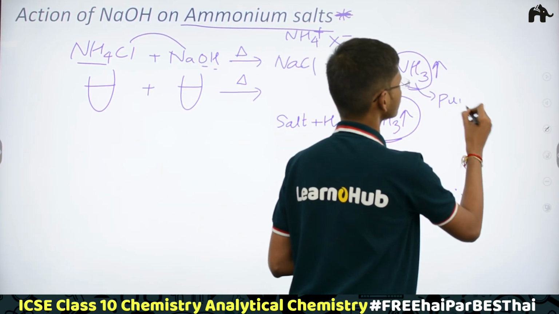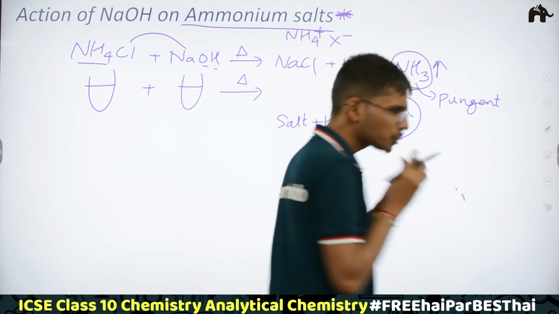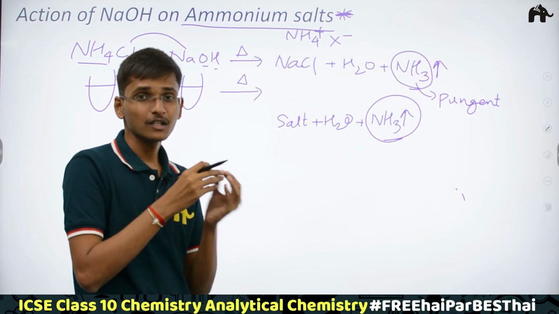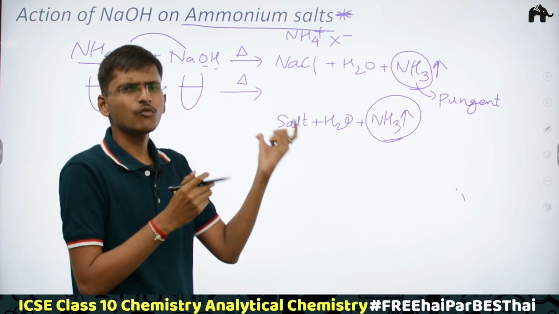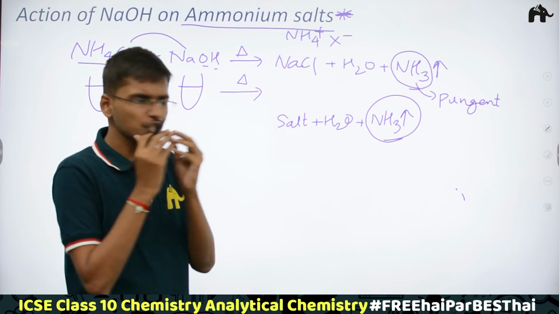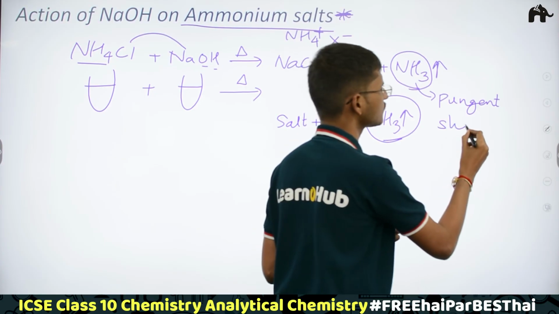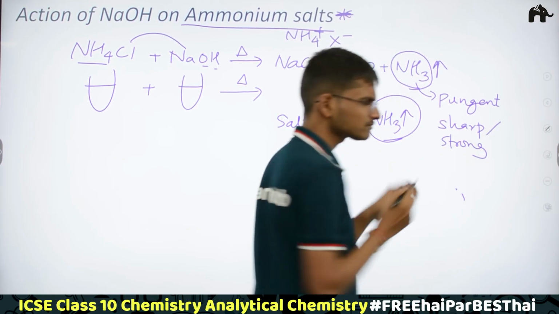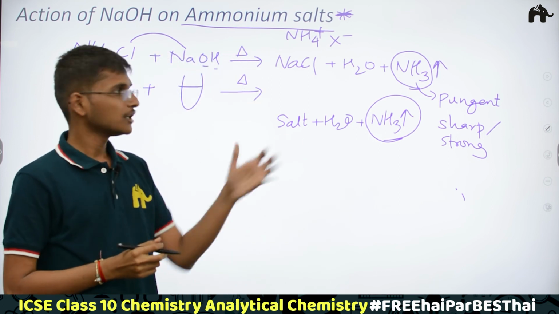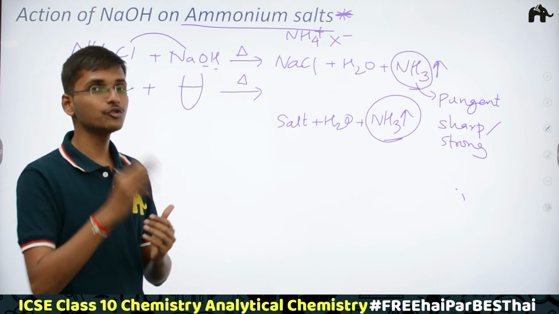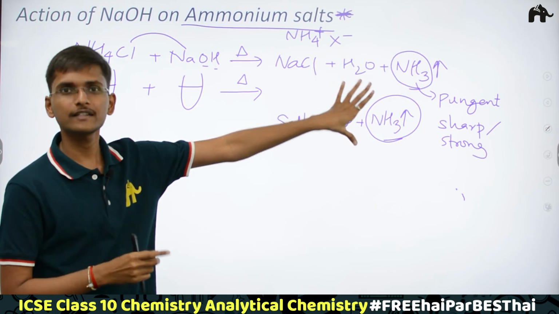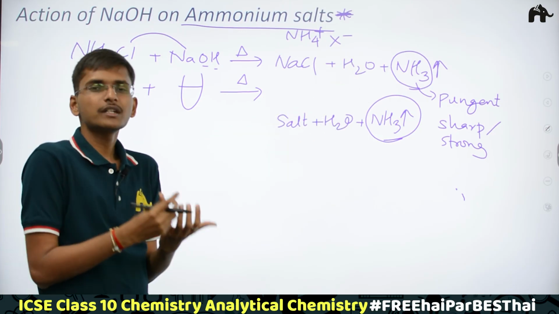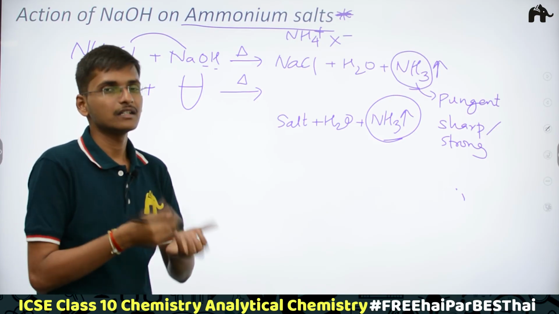So when you would take your nose close to the test tube where this reaction is taking place, you would feel this pungent smell. Now what is pungent smell, sir? Pungent smell is a sharp smell, or strong smell. So you could not bear that smell. It's very difficult to bear that smell. So when such a smelling gas is coming out, you can just figure out that this is ammonia gas. So you can write the observation in the answer that a pungent smelling gas is released.